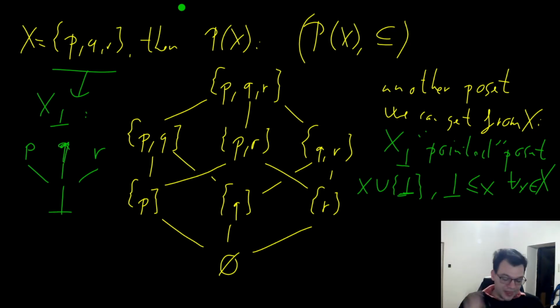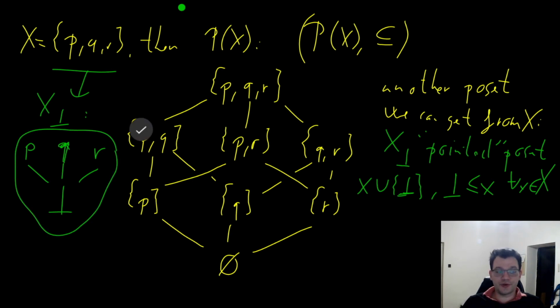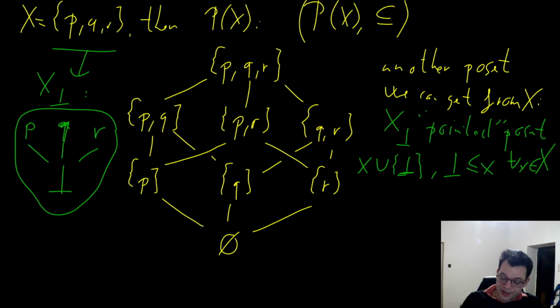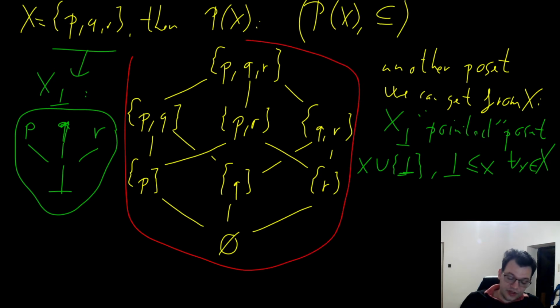Now this sort of poset will be used for the case of functional programs. The bottom will denote something like an infinite loop, a non-terminating computation, while p, q, and r will denote actual values with which our functions will be evaluated. And the other one, the power set, will be used for the semantics of logic programs.